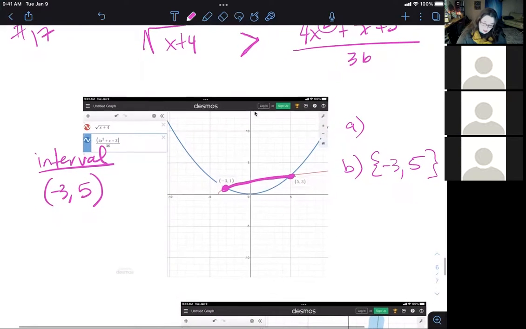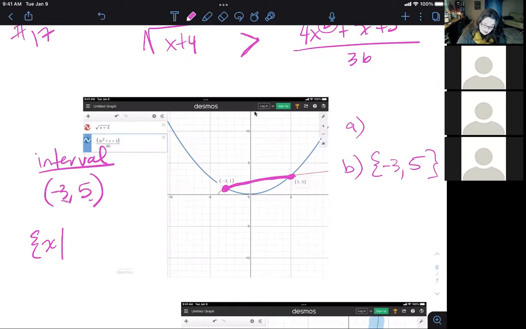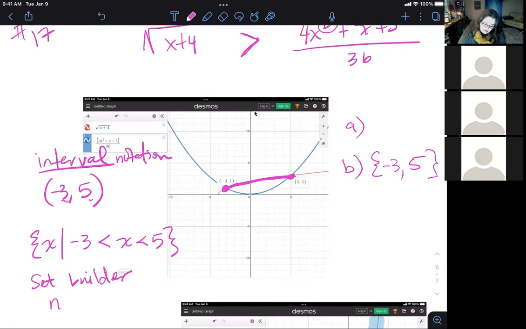But if I wanted to put it in set builder, we would put set notation x such that x is essentially in between these. So we can say -3 is less than x and x is less than 5, and close that down. So there's interval notation, and there's set builder notation, and essentially they mean the same thing.